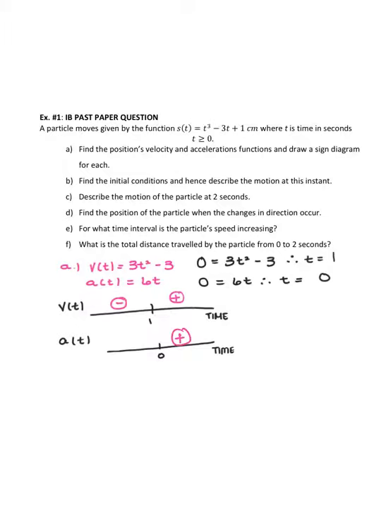When your velocity and acceleration have the same sign, the object is getting faster and faster and faster. Does that make sense? If they're both negative, that's okay too. It just means that it's going the opposite direction, but still getting faster and faster in the opposite direction. But if your velocity and acceleration have opposite signs, that's when you're slowing down. Does that make sense?